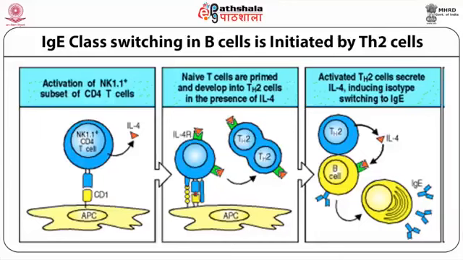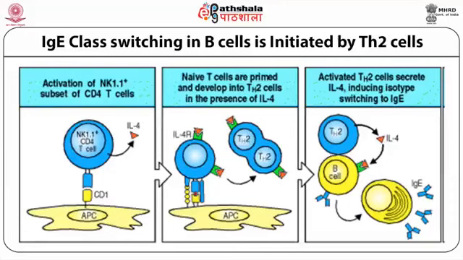For example, in a whole year, total exposure per person to ragweed, which is the common name for Artemisia artemisiifolia, is less than 1 microgram. These small doses are enough to cause Th2 responses, causing class switching to IgE isotype.